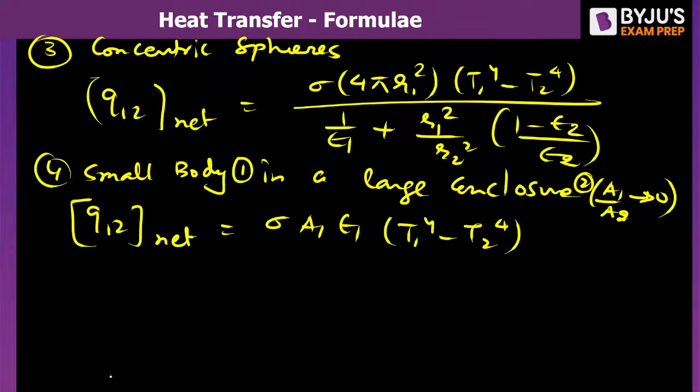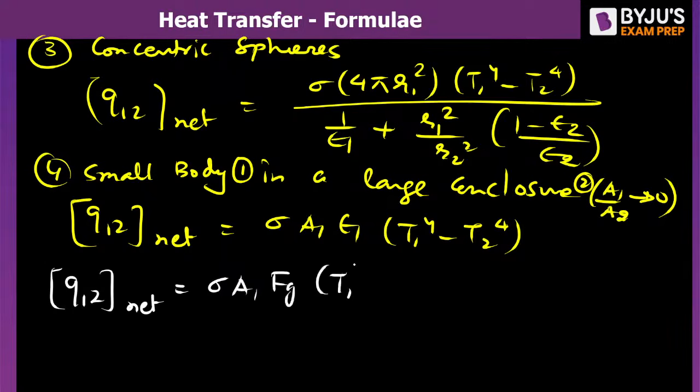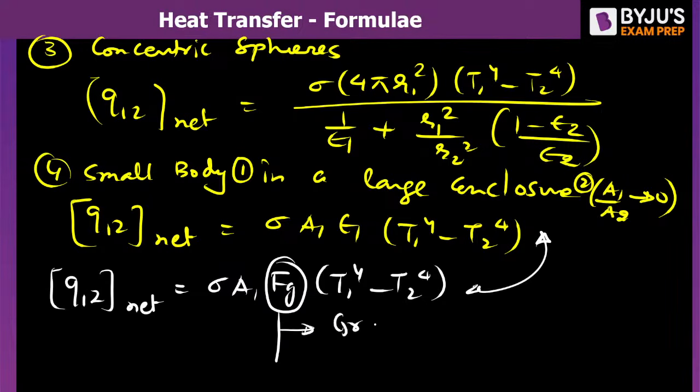So these are the expressions, and if we equate these expressions with the general expression, Q122 net is equal to sigma into A1 into Fg into T1 to the power 4 minus T2 to the power 4, then Fg is called the gray shape factor.